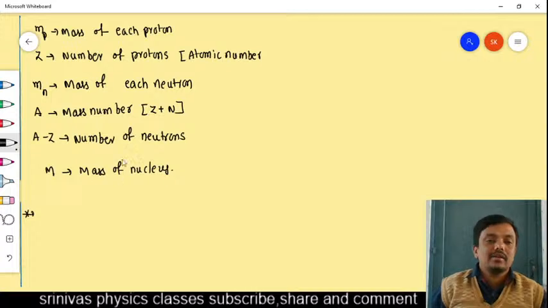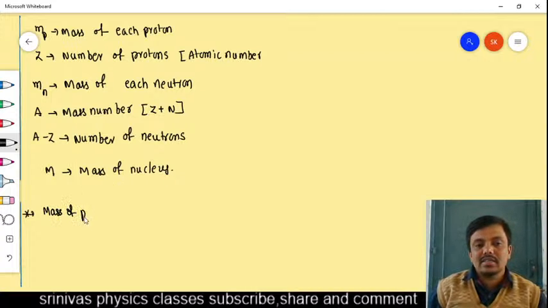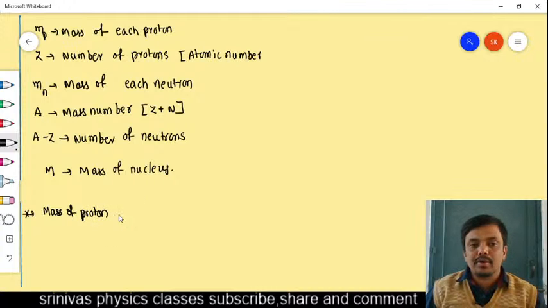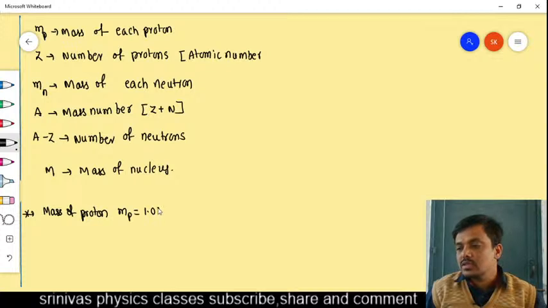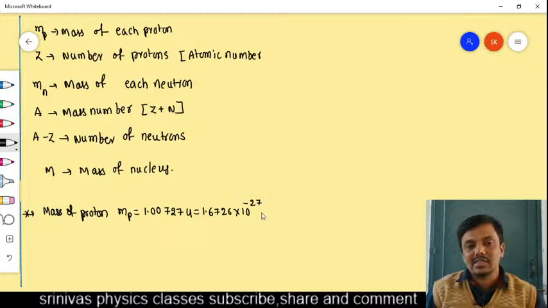First, mass of proton. One proton, how much mass does it have in AMUs? You note it. Mass of proton is mp. Its value is 1.00727 AMUs. If you want to write in kgs, we get 1.6726 into 10 to the power of minus 27 kg.